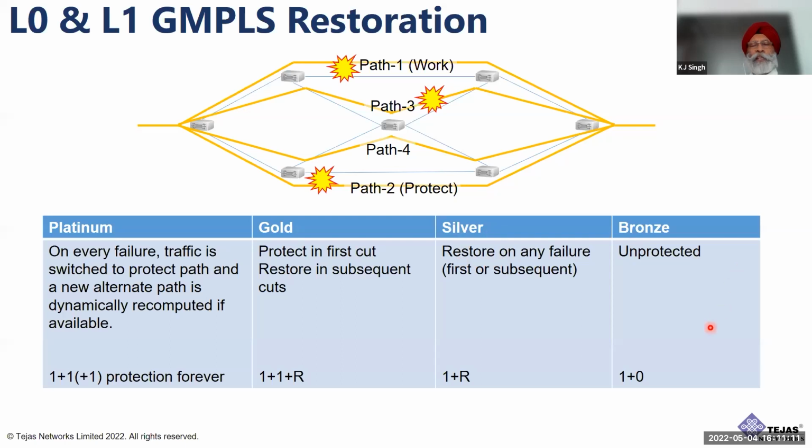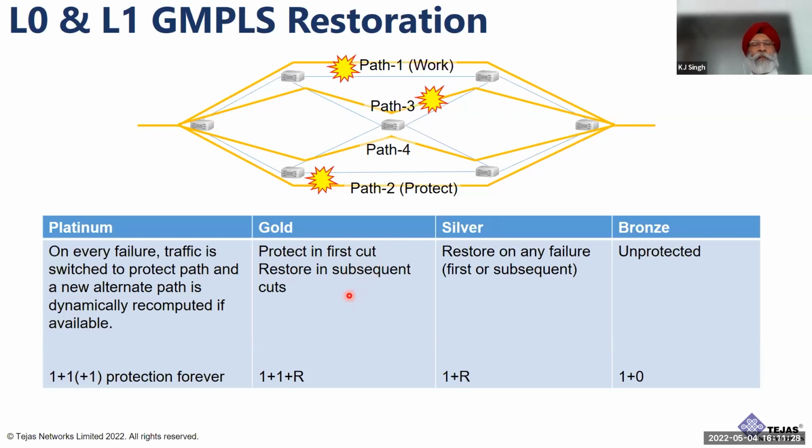So you can have various types of services, either unprotected at the GMPLS layer, or if one path fails, then automatically another path gets computed and pushed into the network.